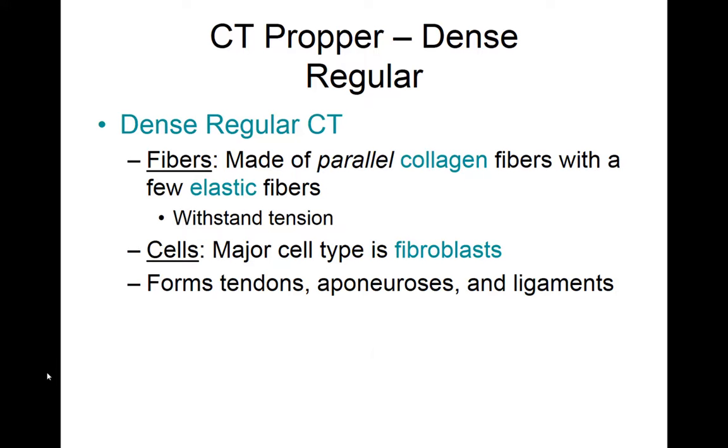This is made of a lot of collagen fibers. Now remember, these are the ones that are stronger than steel. So dense, regular connective tissue, it gets its name because the collagen fibers are regularly arranged, meaning they are parallel with each other. So they're all running in the same direction. That means that it can withstand tension in one direction.